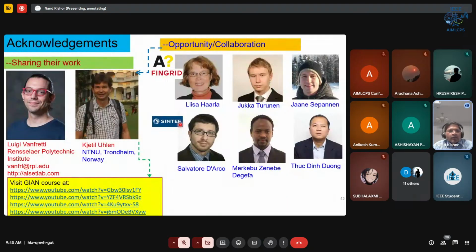There were also some more collaborations from Alto University, from Fingrid, and also from Centaf. So some of those studies which had been included in the presentation were also from these researchers here.